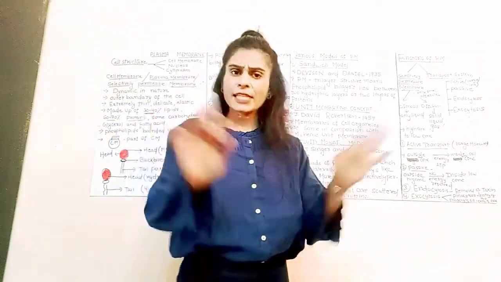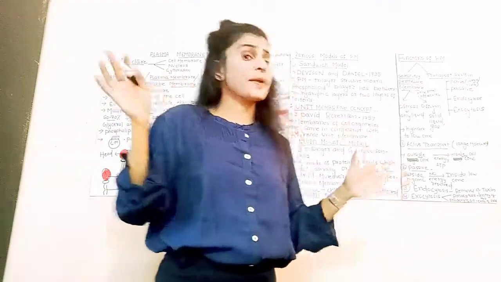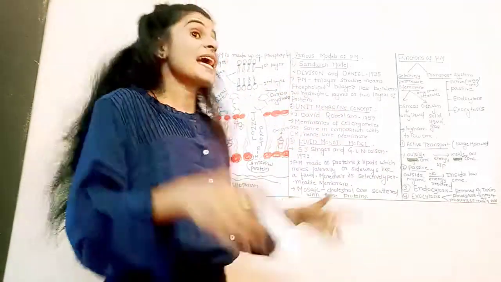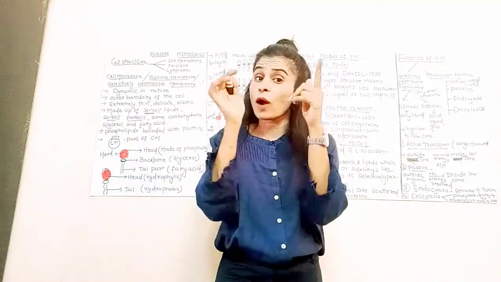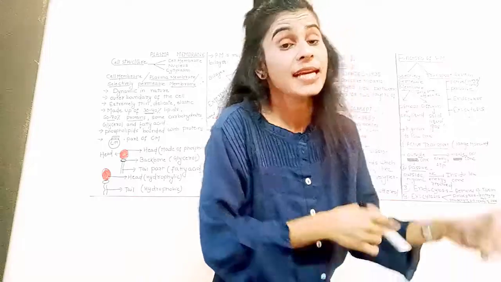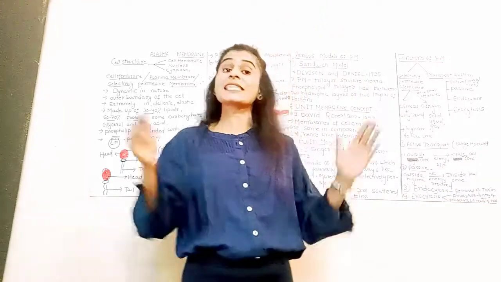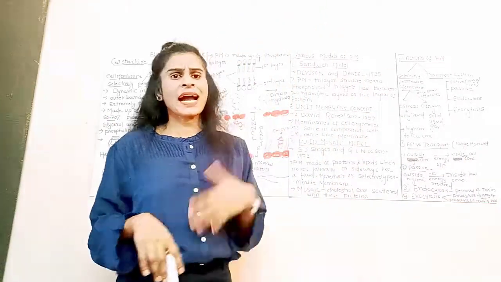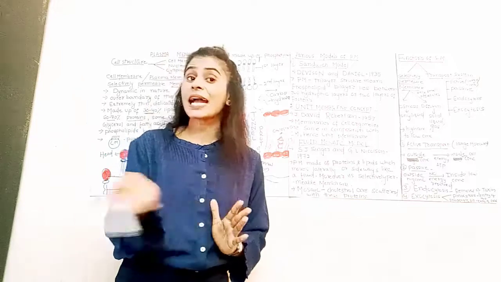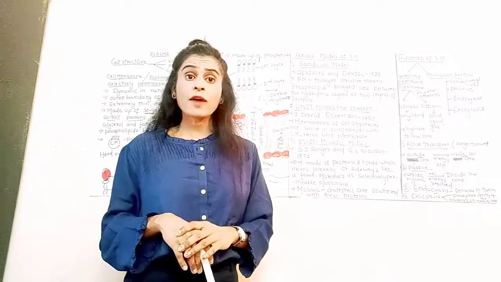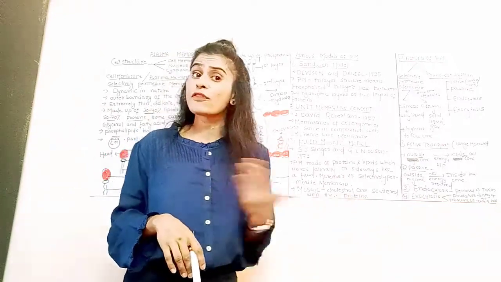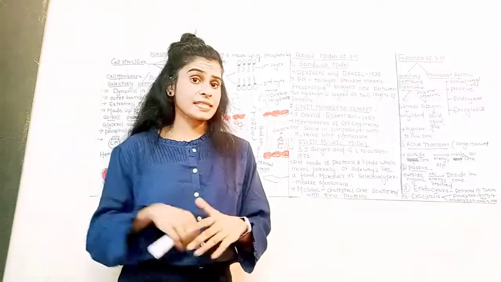There is no doubt that the plasma membrane is made up of lipids and proteins. But what he said is that these proteins and lipids can easily move. They can move laterally, sidewise, guys.